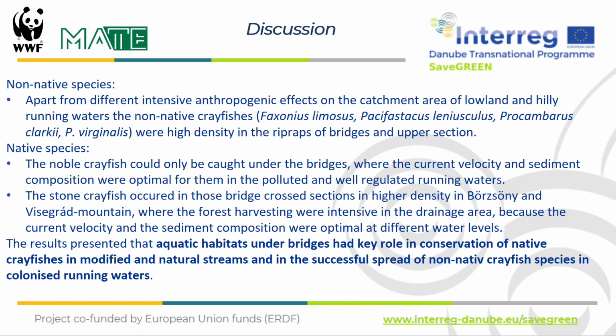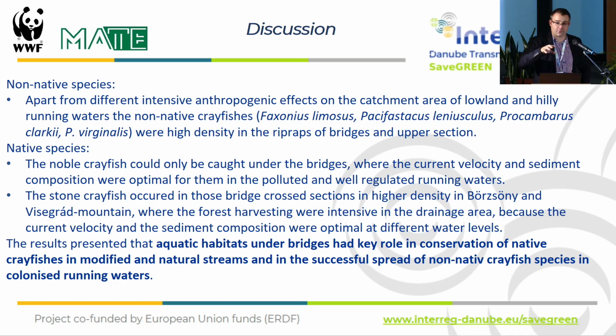So, discussion: we can say that all species have an oval spread dynamic in the Carpathian Basin for non-native crayfish species, and different types of bridges have different effects on native taxons from a nature conservation perspective.